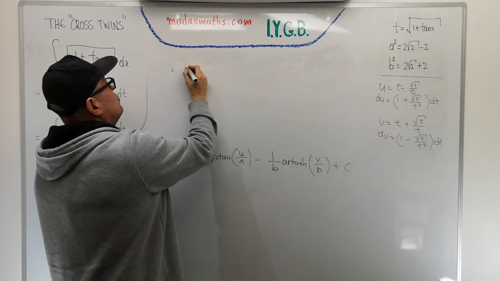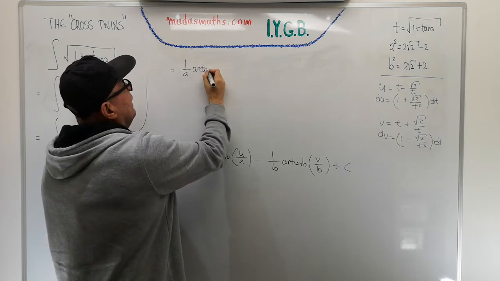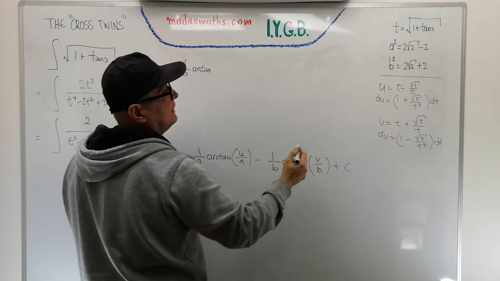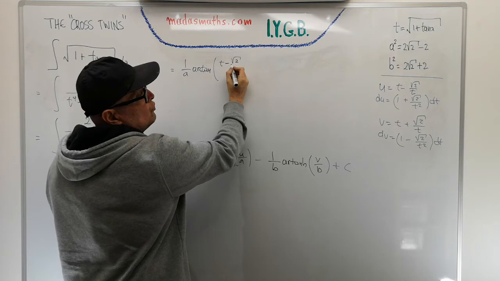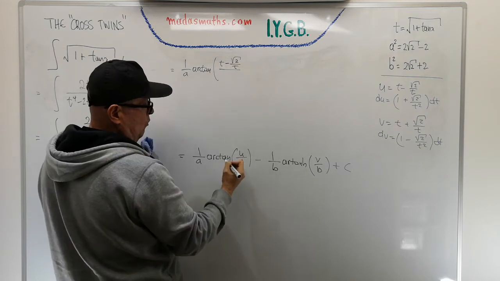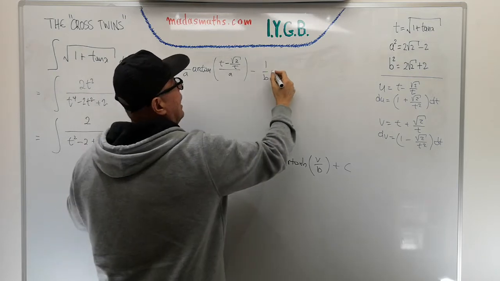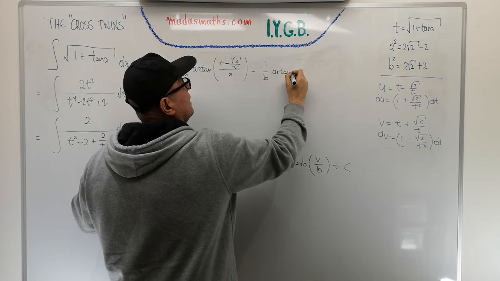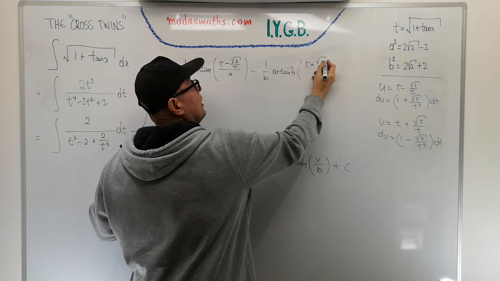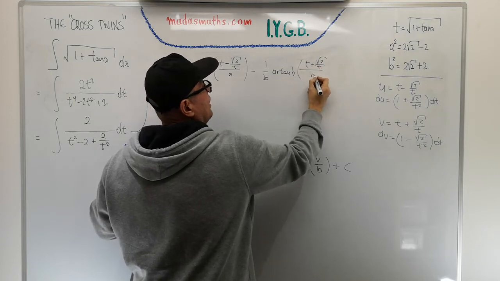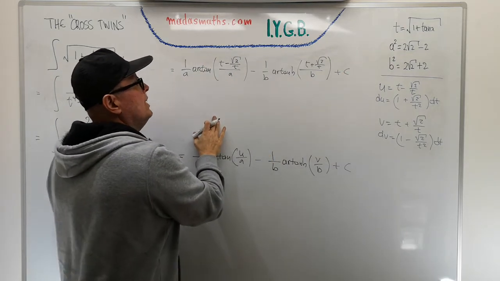So this is equal to 1 over a arctan, and u is t minus the square root of 2 over t, the whole thing over a, minus 1 over b arctanh, and the v is t plus the square root of 2 over t, the whole thing over b, plus c, of course.